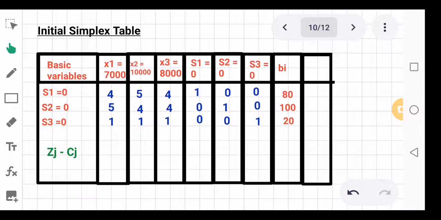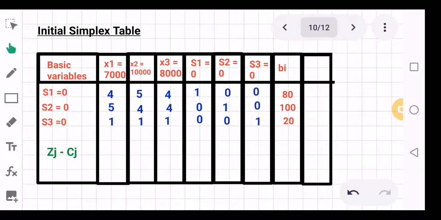Okay, and then Zj would be whatever numerical you are considering, that numerical multiplied by your coefficient of whatever is mentioned over here.